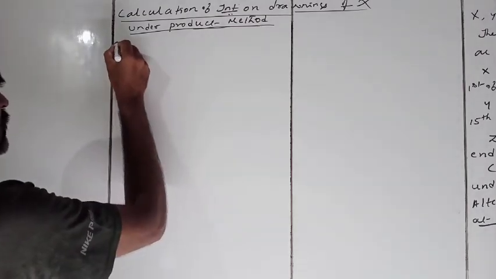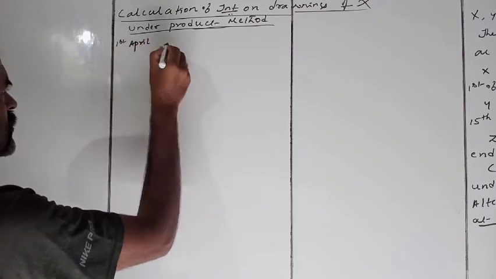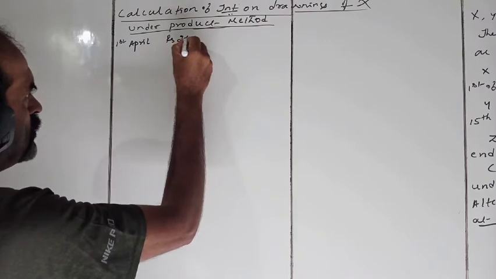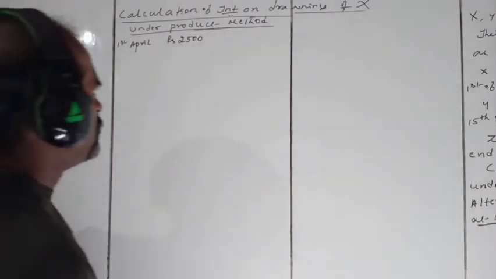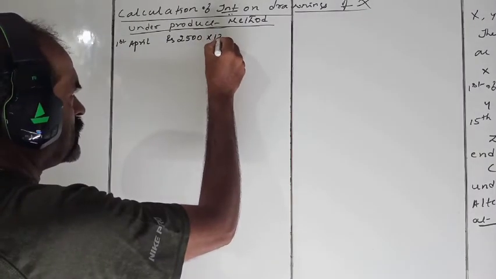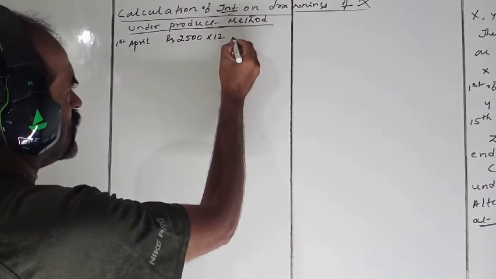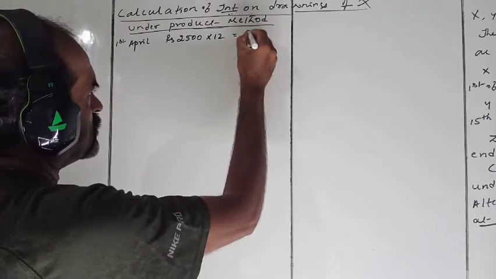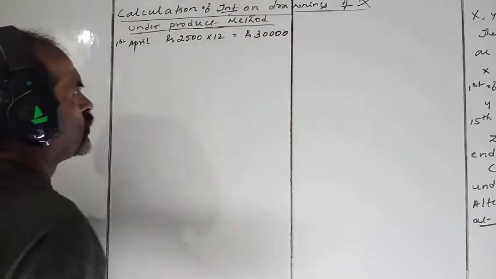The business starts on 1st April, that is the date. The uniform amount is rupees 2500. From 1st April to 31st March there are 12 months in the period column. 2500 into 12 months, rupees 30,000. It is the total product.